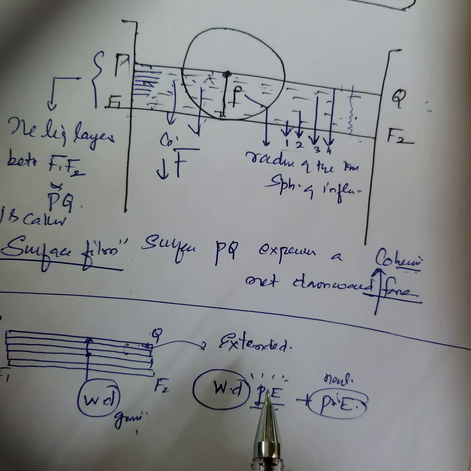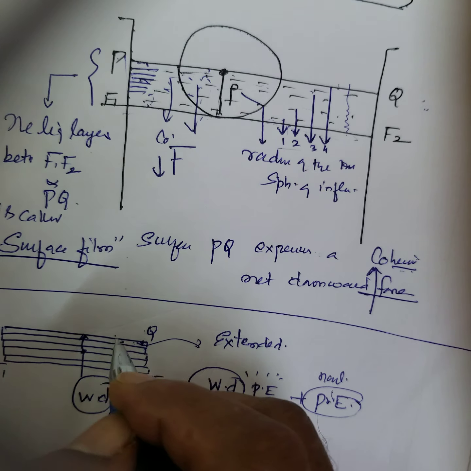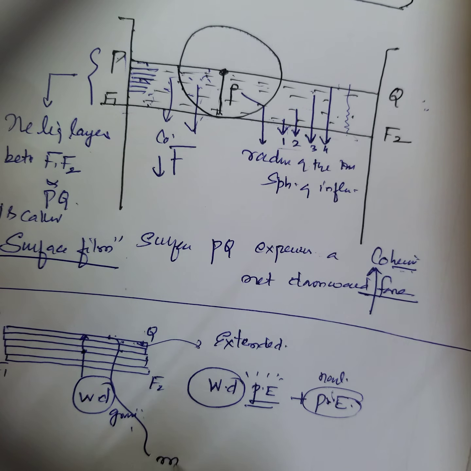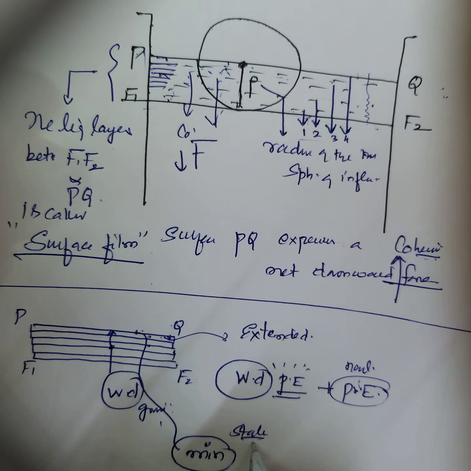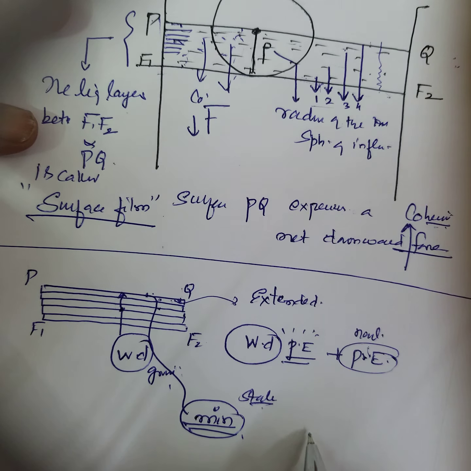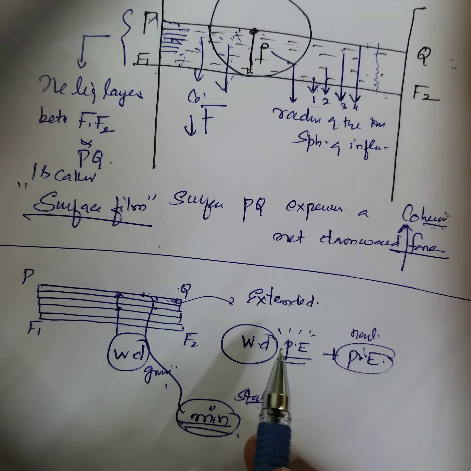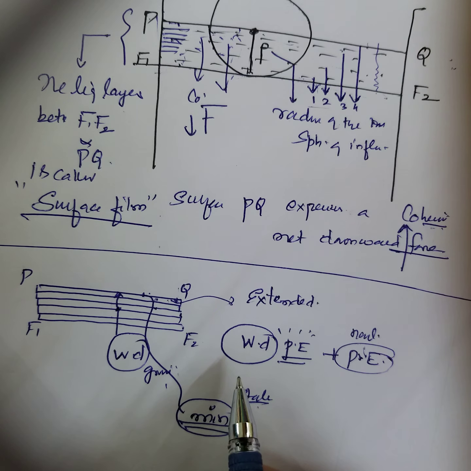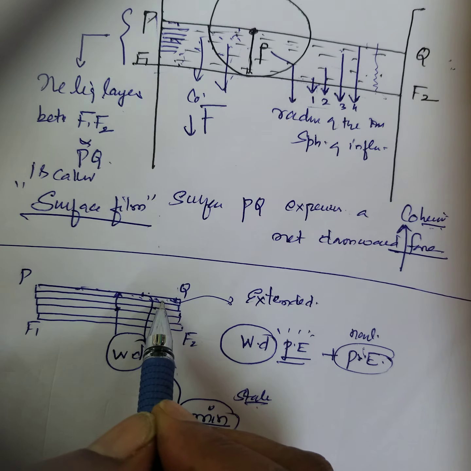Therefore, the liquid surface, in order to have minimum potential energy, for a stable condition we need minimum potential energy, tends to have a minimum number of molecules on its surface.